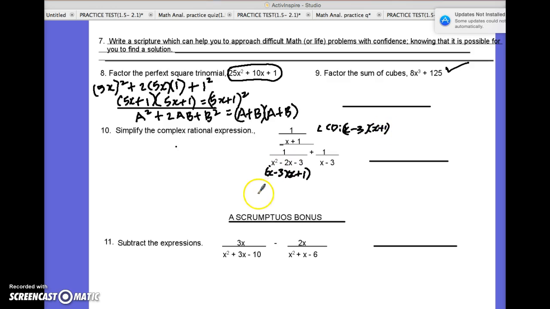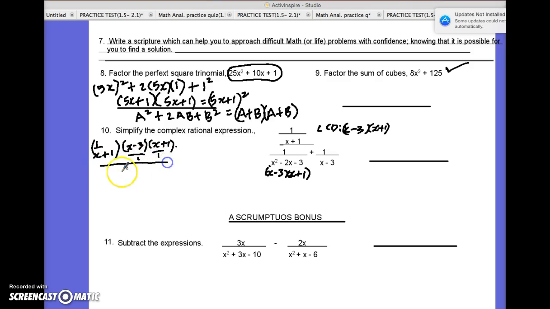So what we do is we multiply the numerator, which is all this. Sorry, the numerator is this, 1 over x plus 1, by the LCD. I'm going to do right here 1 over x plus 1 times the LCD, which is x minus 3 times x plus 1, understood to be over 1.